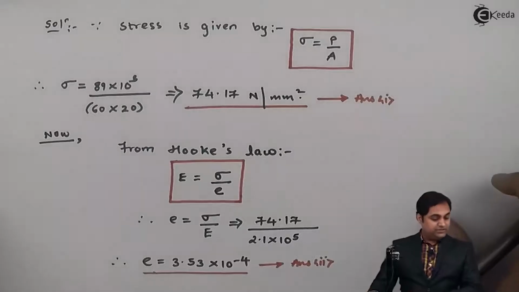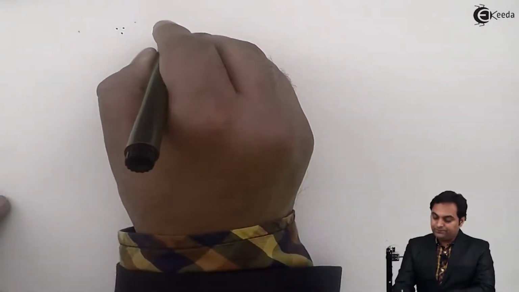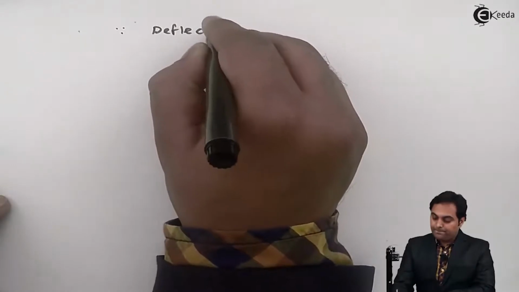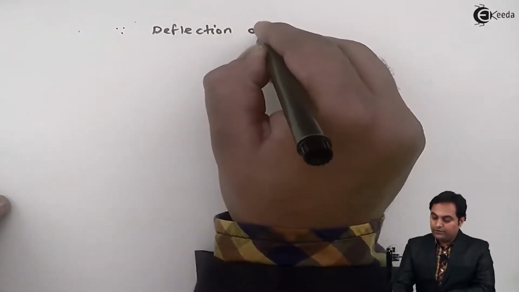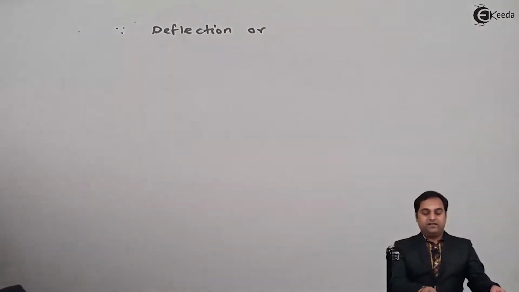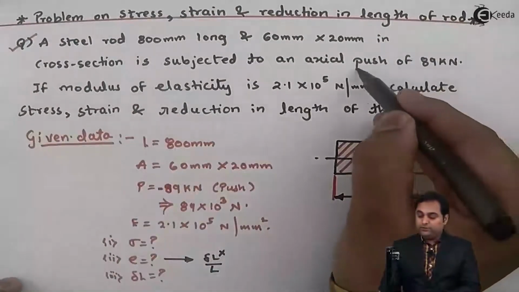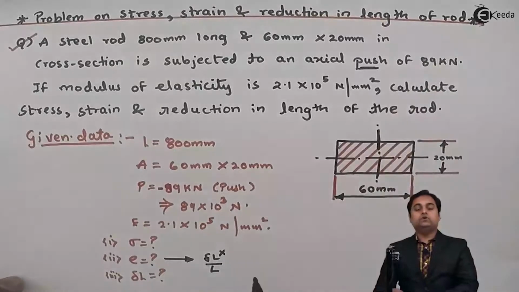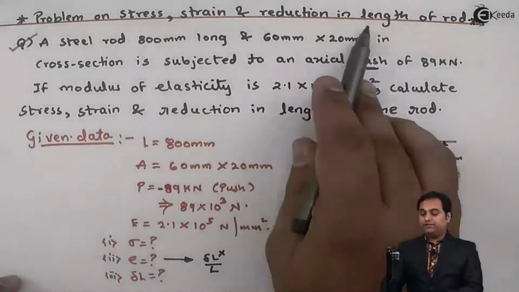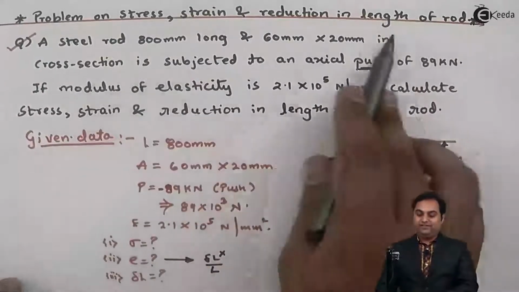And the last question is to calculate deflection. So after getting strain, in this problem, as I have read in the starting, here the load is push type of load. So the deflection would be reduction in the length of rod, as I have written here.